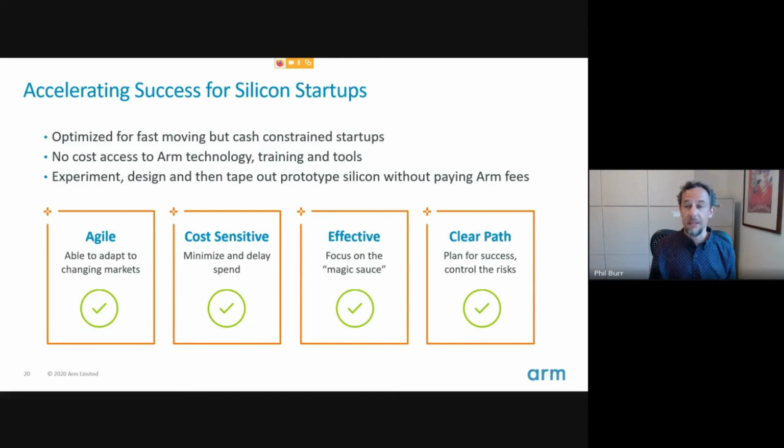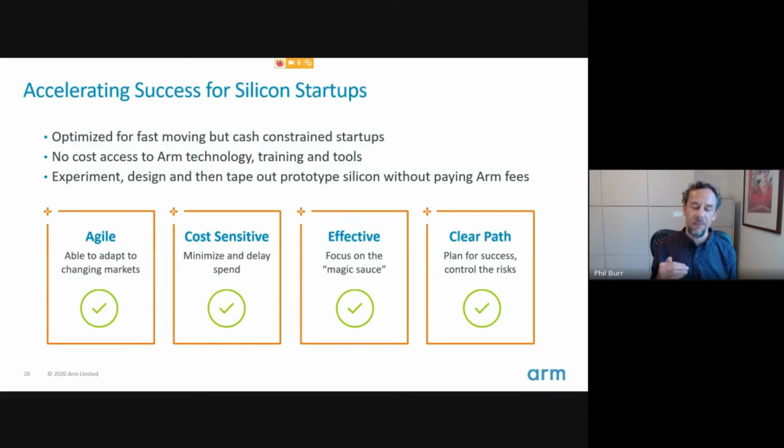We make sure that startups can conserve cash in this phase of their growth, and absolutely minimize spending so that you spend money with ARM, spend money on engineers, and grow faster.